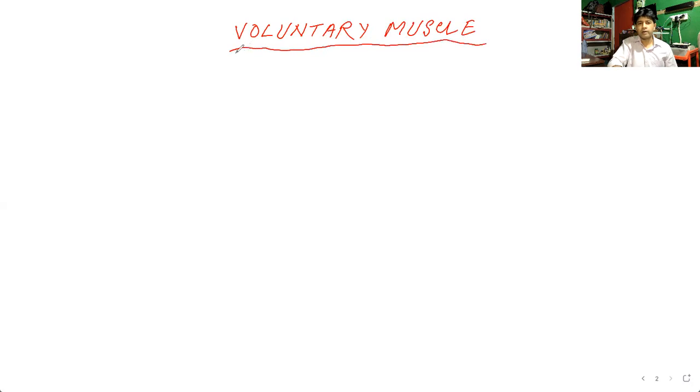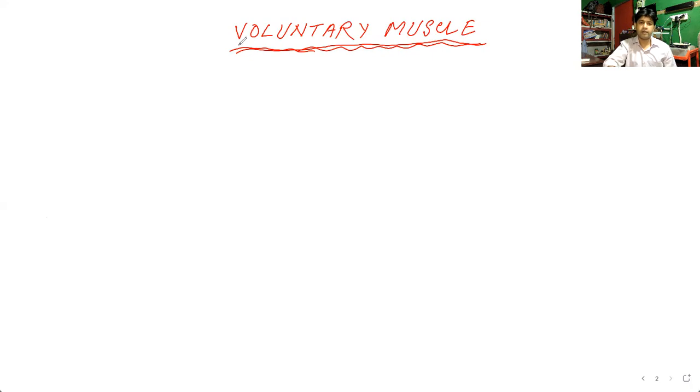First of all, the voluntary muscle or voluntary muscular tissue. This word voluntary, I think you can guess, means those things which we can control by our will.